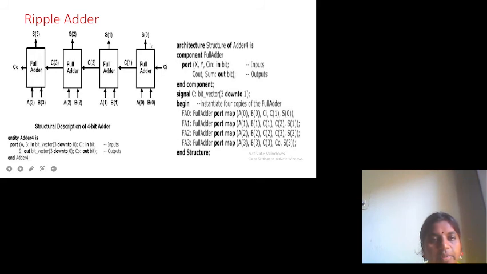Like that, 4 bits 0 to 3 will be added parallelly, and as it is added parallelly, we have a structural description of a 4-bit adder by using 4 different 1-bit full adders in our design. This entire structure is called a ripple carry adder.